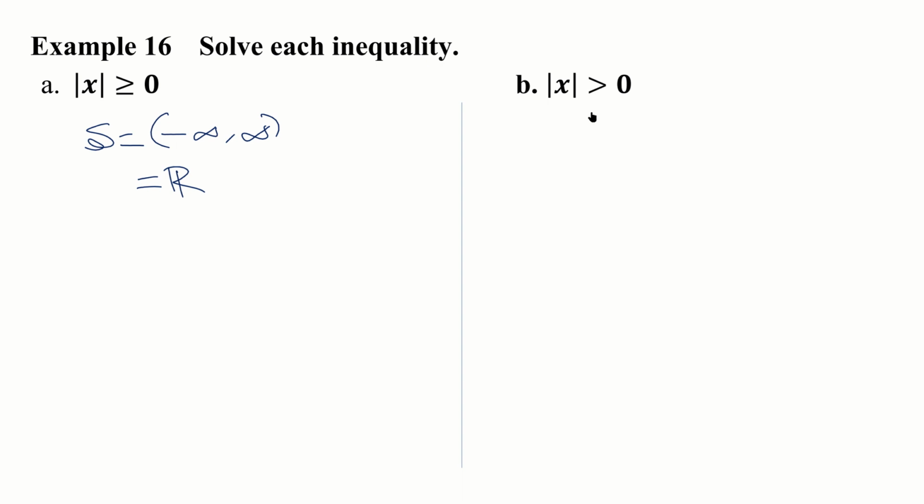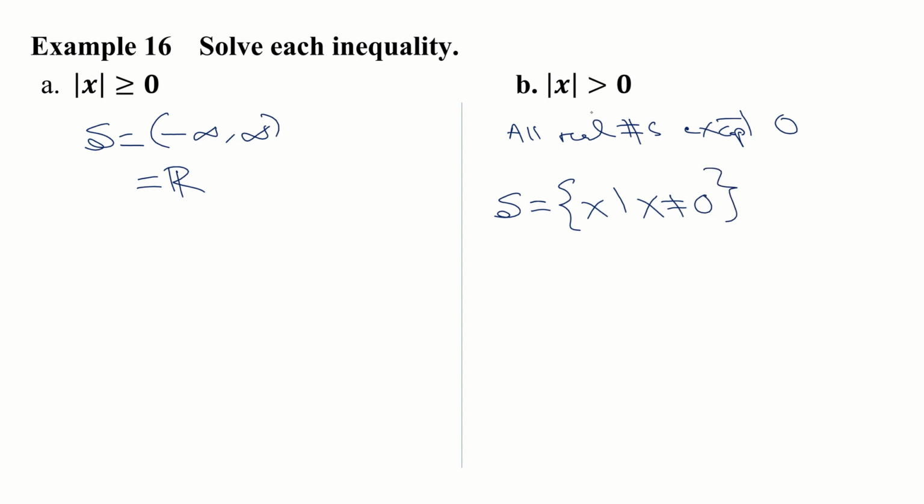Well, except 0 itself, because the distance between 0 and 0 itself is not positive. So this one is going to have all real numbers as solutions, except what? Except 0. So that means the solution set is equal to all x such that x does not equal 0.